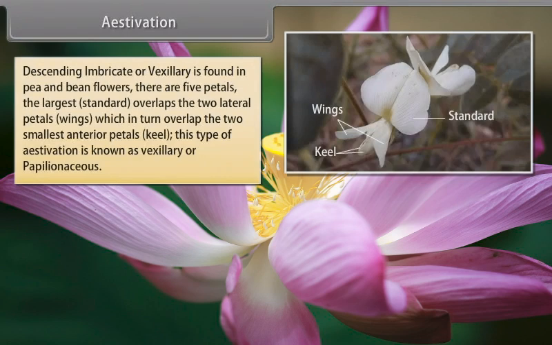Descending imbricate or vexillary is found in pea and bean flowers. There are 5 petals. The largest, standard, overlaps the 2 lateral petals, wings, which in turn overlap the 2 smallest anterior petals, keel. This type of aestivation is known as vexillary or papilionaceous.